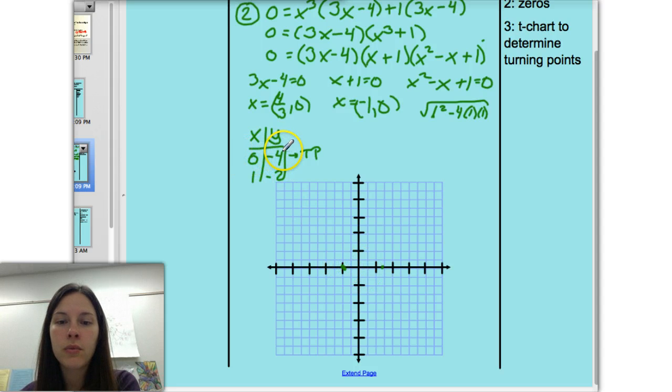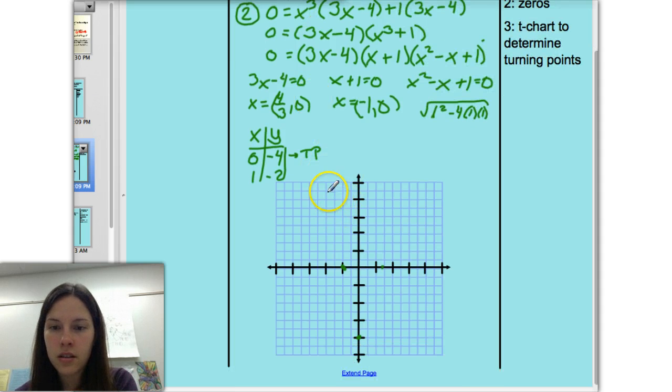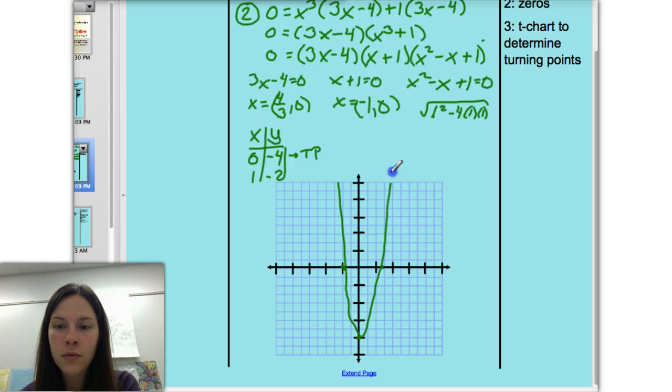And then our turning point was at 0, -4. So I'm going to go down here. And I'm going to make sure that my graph matches the shape that I got here. It should look a bit like a W. So we're going to come down through here, and back up through here.